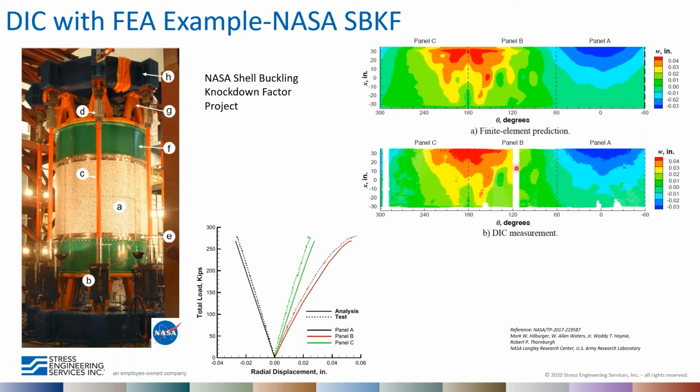And then down below is the real world measured result. You can see that they match up pretty well. I would imagine that some of the results of the digital image correlation measurements were used to reiterate the finite element model in order to get a better prediction.